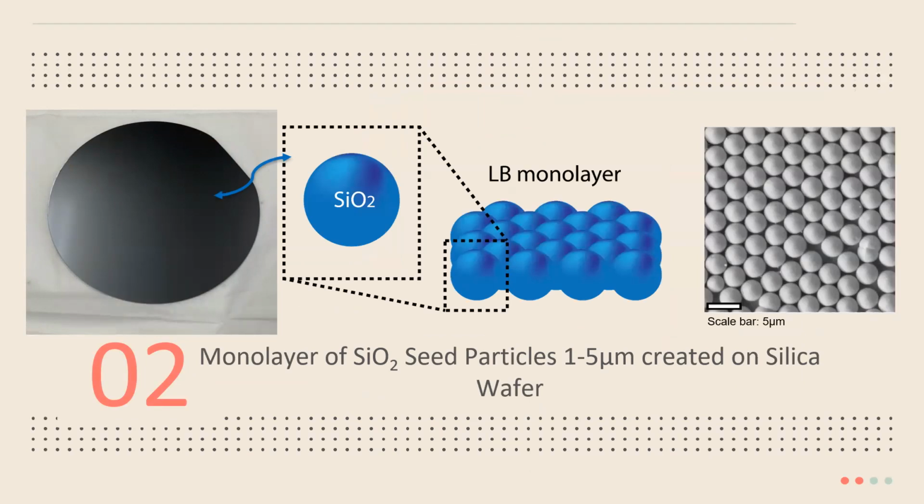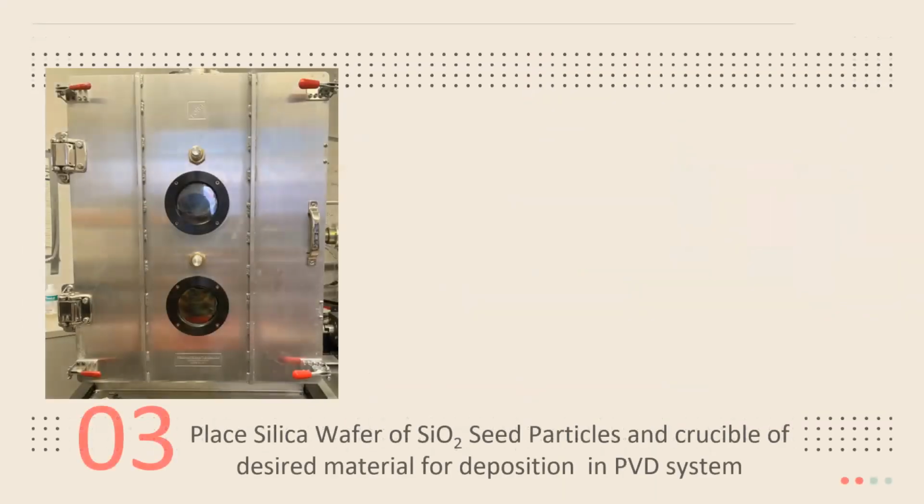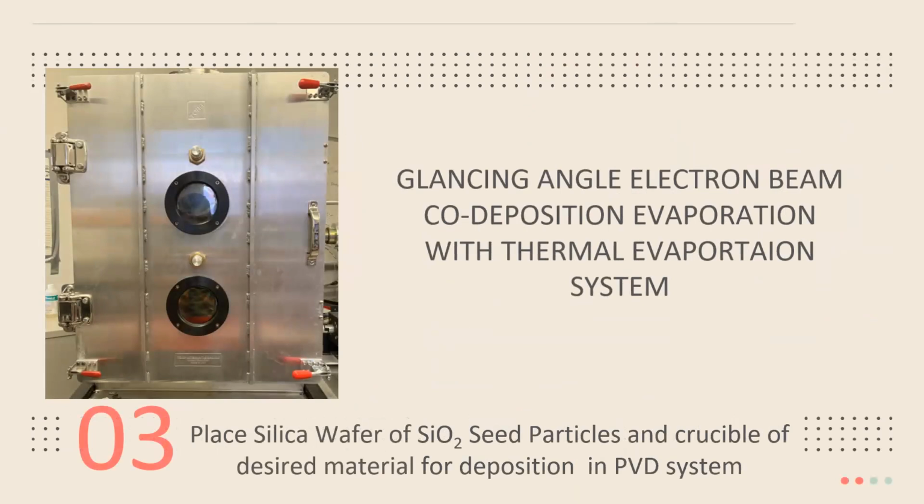So giving only one hemisphere in the field of view of our electron beam. So once I have that monolayer of seed particles, I'm then able to place these guys in my electron beam. Again, this is our special glancing angle electron beam, and you'll see why it's special with this glancing angle in a little bit.